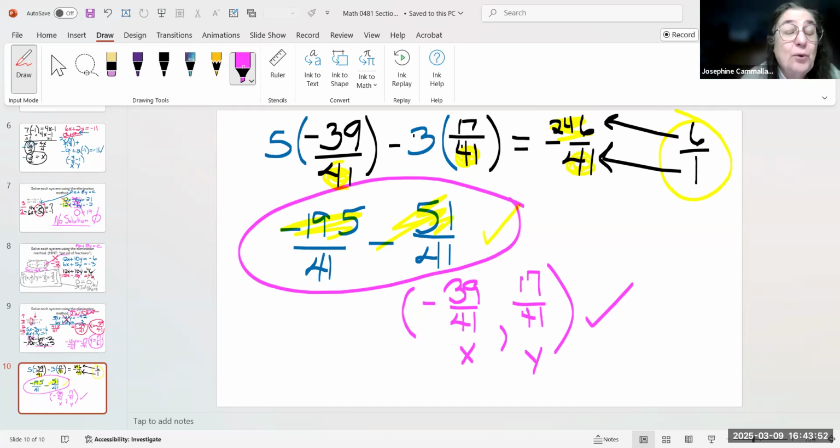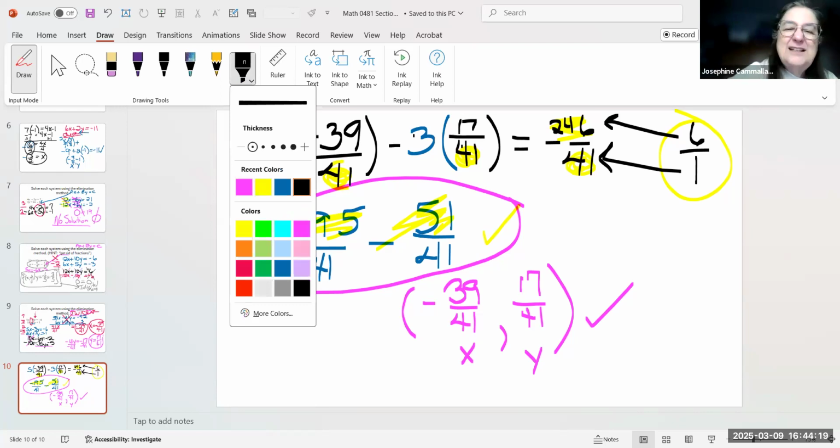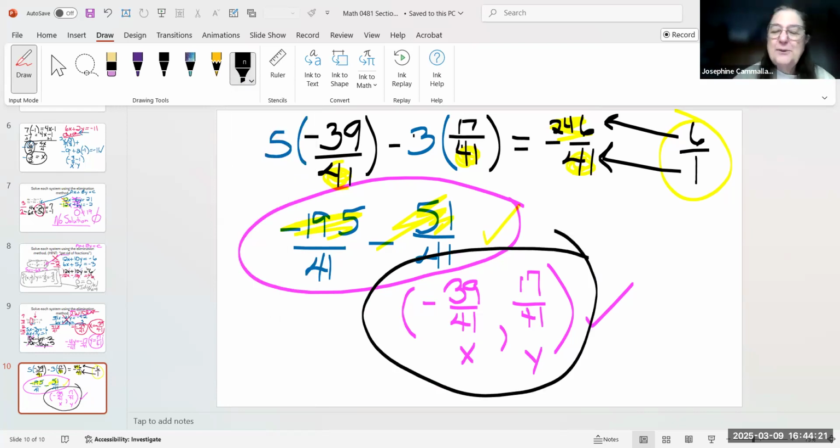But instead of using 41 3 times, which I could have done, I used it only once to check. So your choice. I prefer to use fractions all the way through. Fractions that you really don't like, such as this answer.